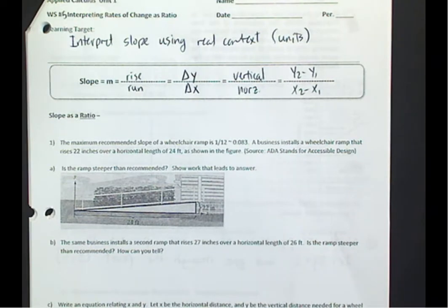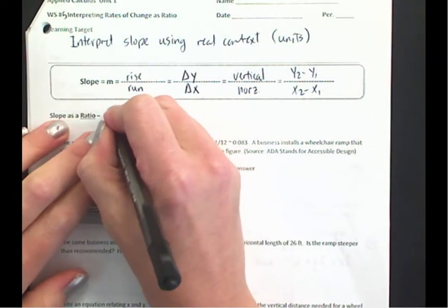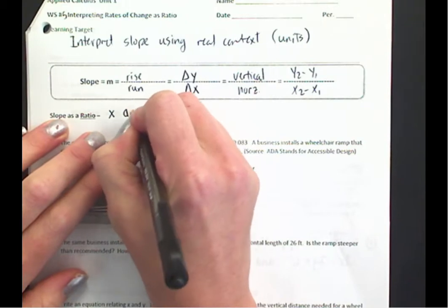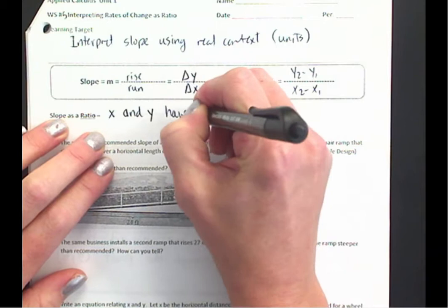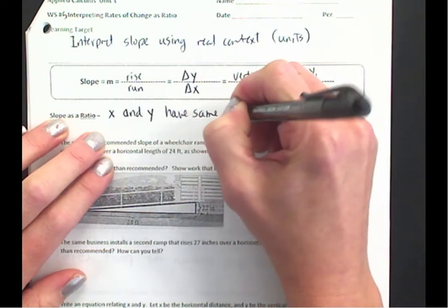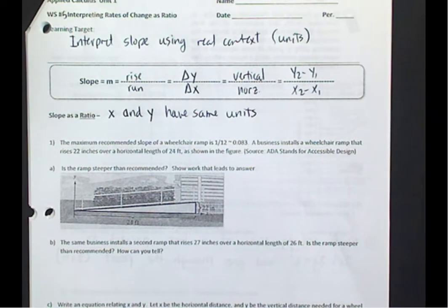Okay, so the first one is if we look at slope as a ratio, it's important that x and y have the same units. Which means you might need to convert the information.